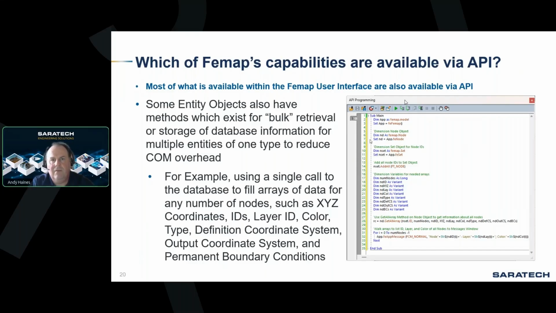By doing that, you can put the data in arrays, and then you can just run through the arrays without having to have the API talk to Femap through COM. So essentially, once you've recovered the data and it's already in arrays, you can just run through the arrays themselves without having to ask for the information time and time again.